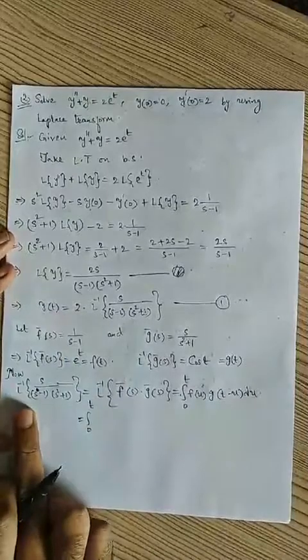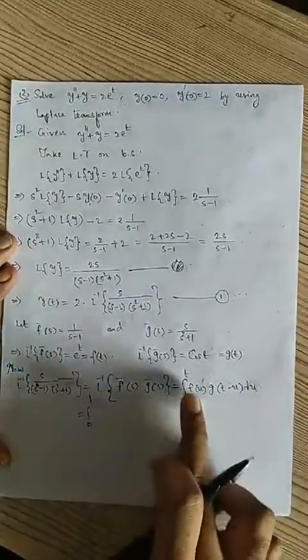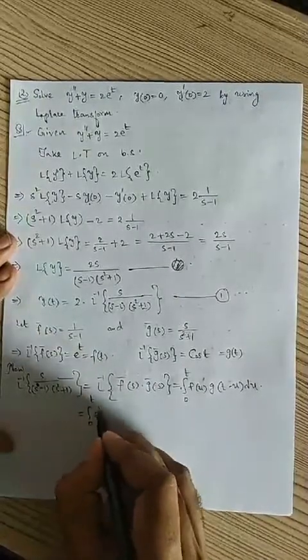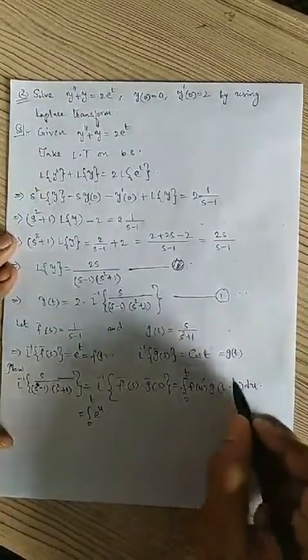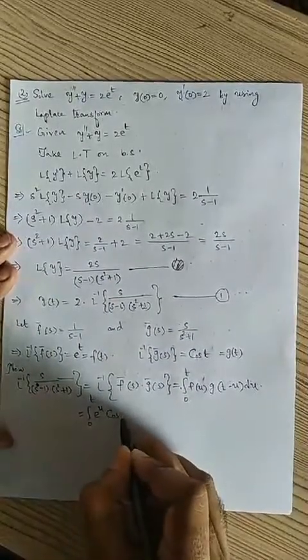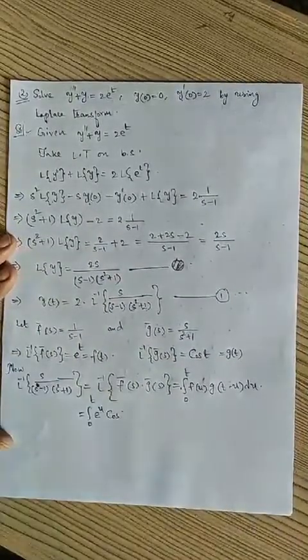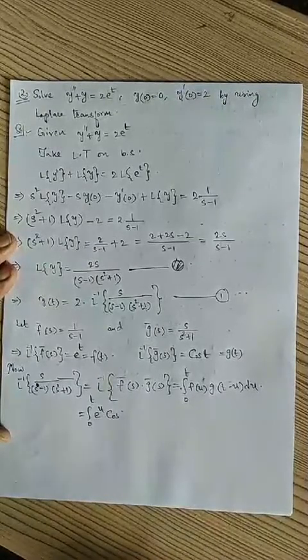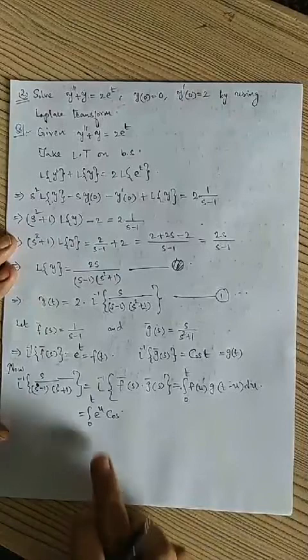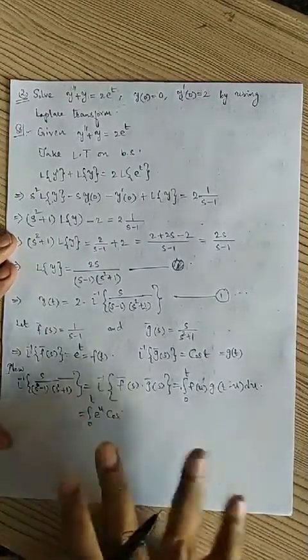So we are finding this Laplace inverse transform, which is given by integral 0 to t f of u. F of u means e power u. G of t minus u. In place of t, I have to put t minus u. So cos... better we'll consider it differently, because it will create problems for evaluation of this integral.